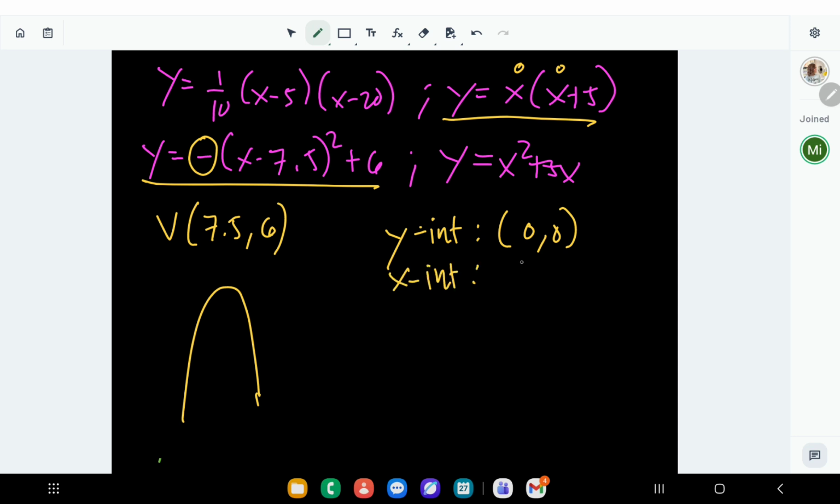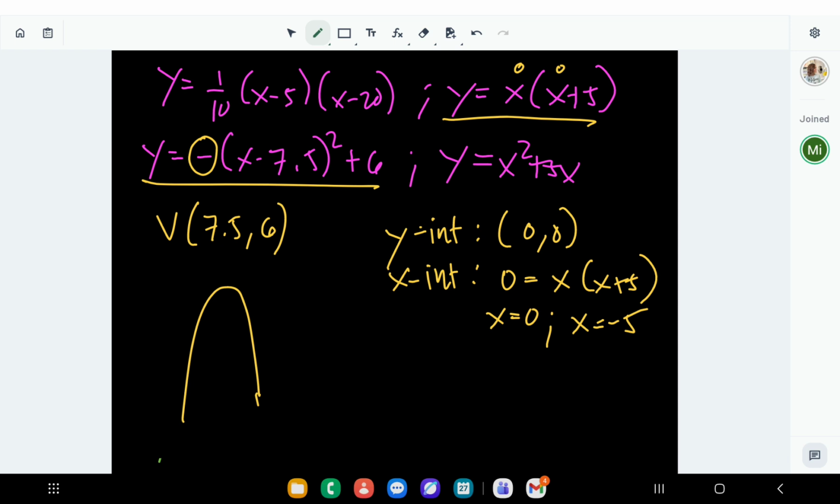When y is 0, that is x times (x plus 5), so x is 0 or x equals negative 5. So when y is 0, which one there from the graph? Y is 0, x is negative 5. 2, 4.